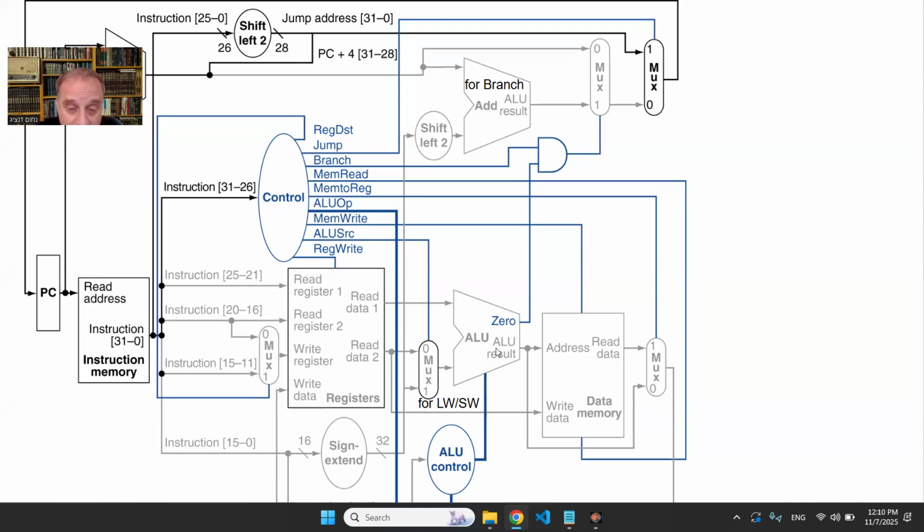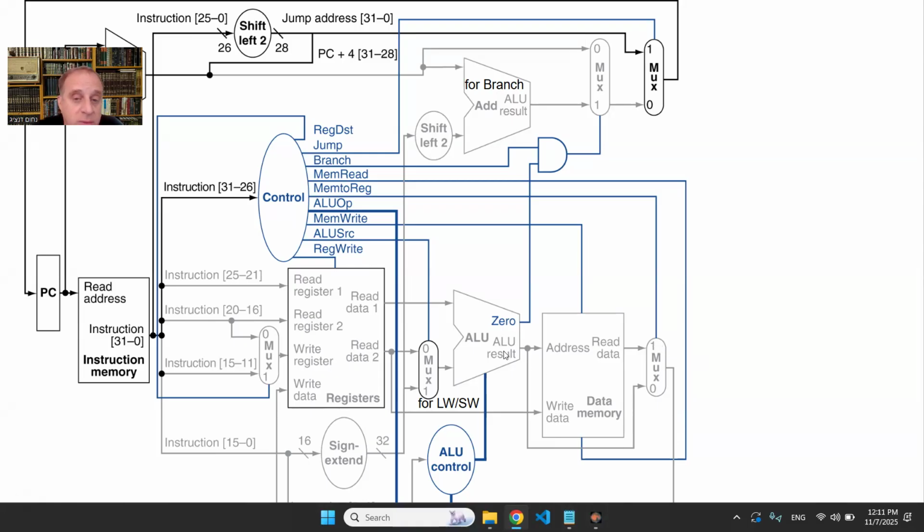That number is going to go in here, and the outcome is going to be the thing we want to write to a register. Because it's a load word, we're writing to a register, so it has to be a 1 here. Well, that's what it is set to in the question. It says 1.